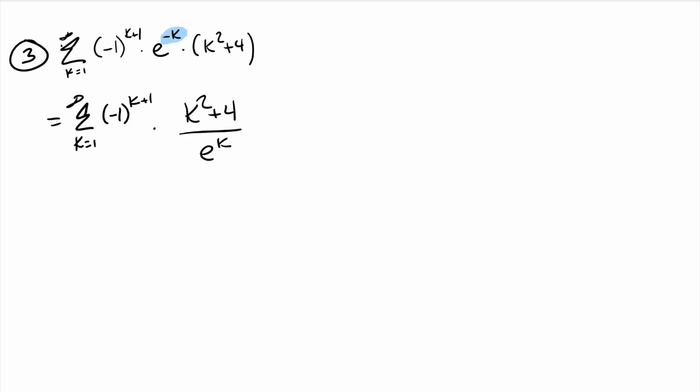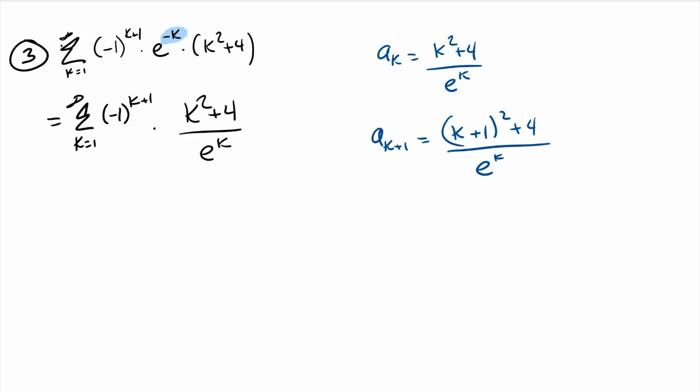All right, so let's write out our a sub k: k squared plus 4 over e to the k, and our a sub k plus 1, which is going to be k plus 1 all squared plus 4 over e to the k plus 1.